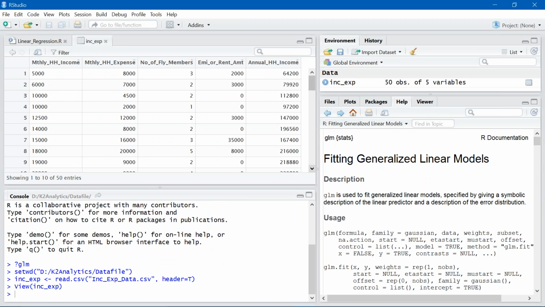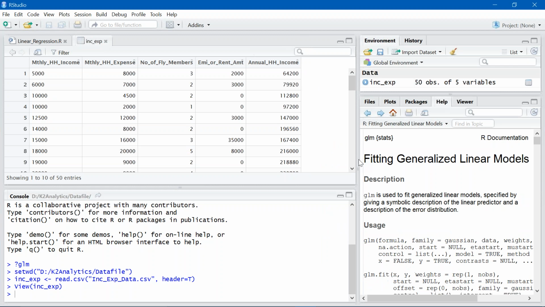Let us quickly understand what data has been given to you. There are some 50 observations. Basically a survey has been done for households, and their income data has been asked. What is the approximate income? What is their approximate expense for the month? How many members stay in that household?